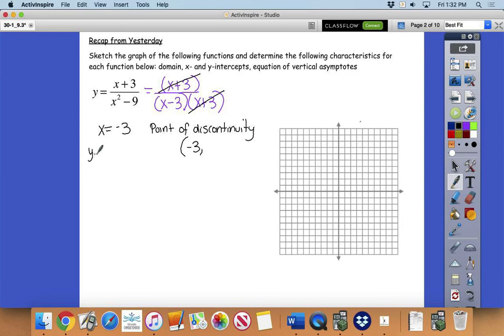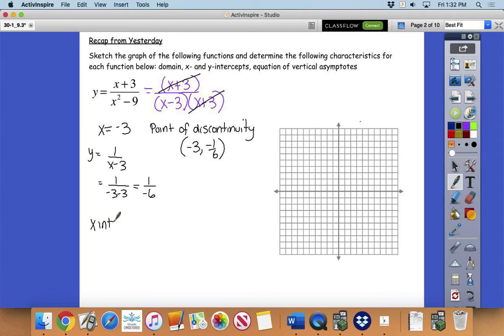We know what's left over is 1 over x minus 3. So if we plug in x as -3, we get 1 over -6.